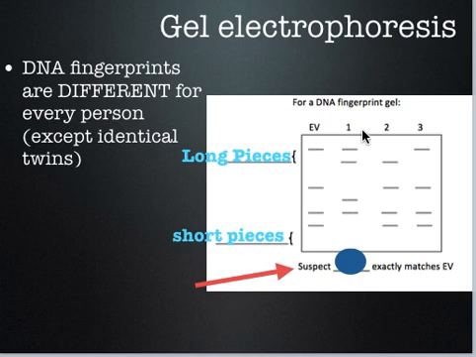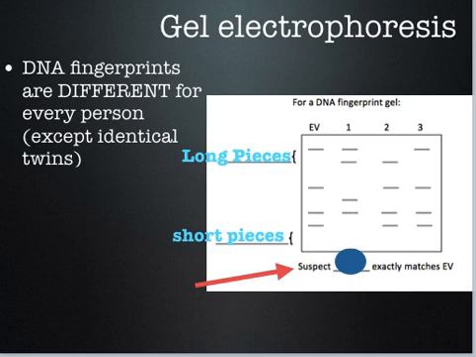So which one of these suspects, 1, 2, or 3, identically matches the EV? If you said number 2, you're right. Write it down right here in your line. So if this were a real crime scene, and this was real DNA, suspect number 2 would be called in for questioning because their DNA is at the scene in some form or some way.